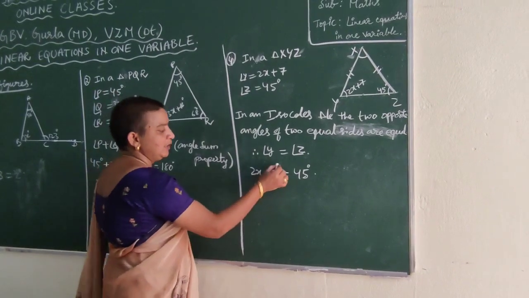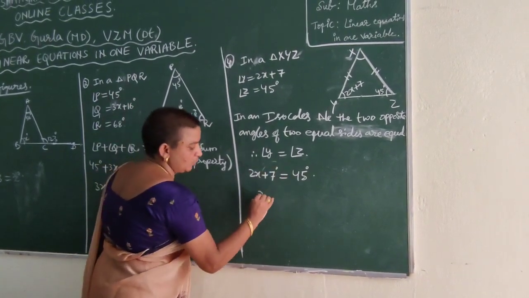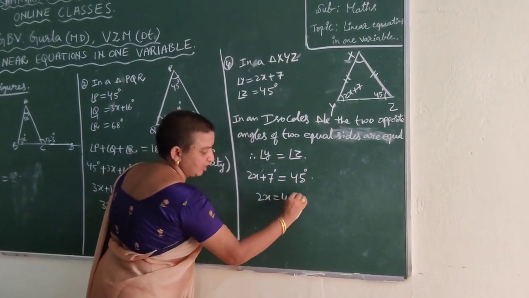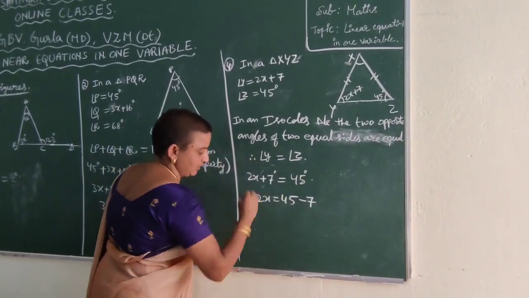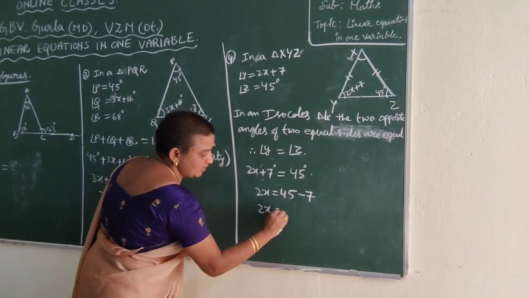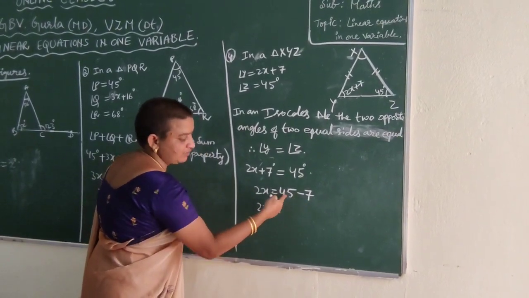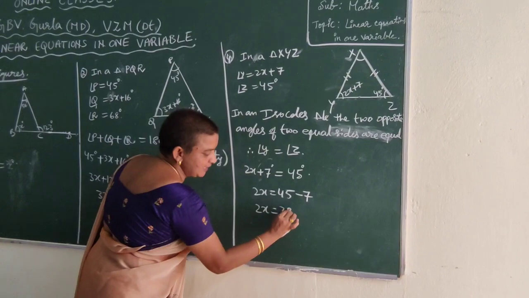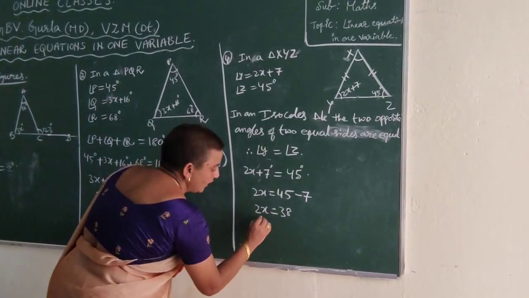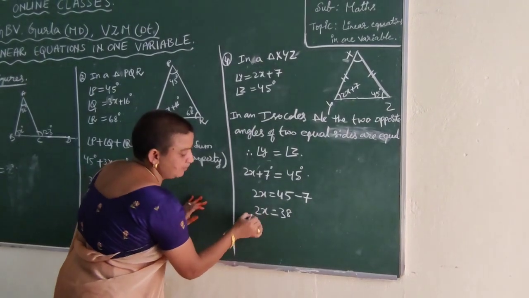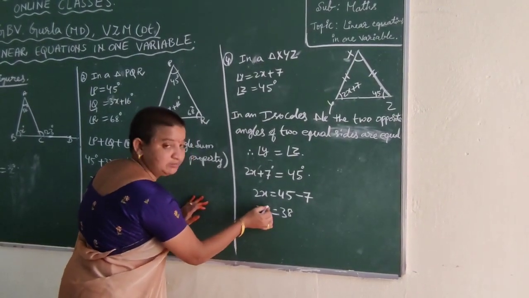Okay, here we transpose 7. So 2x equals 45. If we transpose 7 to RHS, it becomes minus 7. So 2x is equal to, if we subtract 7 from 45, we get 38. Okay, 38. So here 2 is multiplied with the term x.